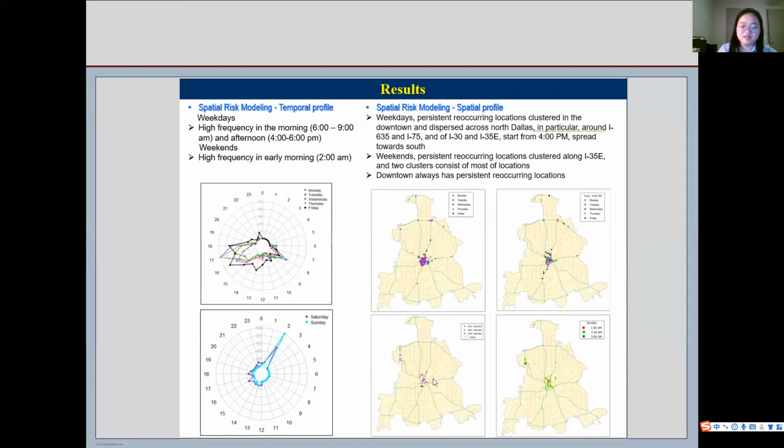During weekends, Saturday and Sunday show a similar pattern. Most of the clusters gather around I-35 around this part. So it's an interesting pattern because those 2 days not only have a similar temporal pattern, but also a similar spatial pattern. So we need to check the geographical environment around them to find out the reason.